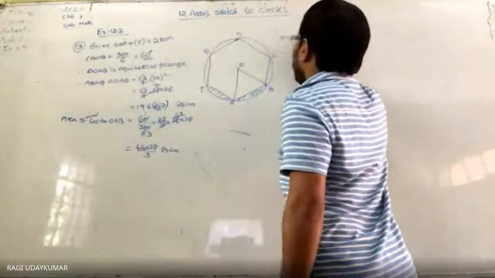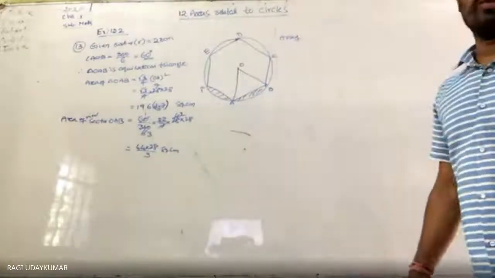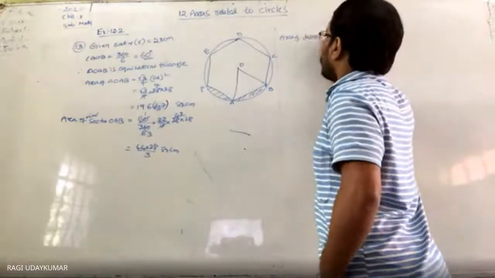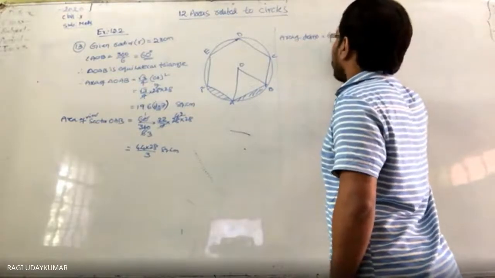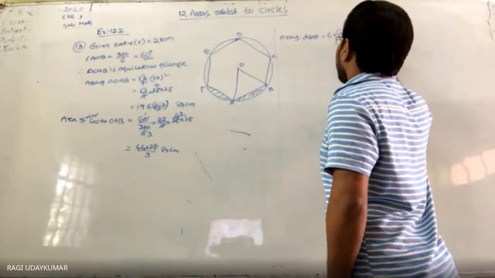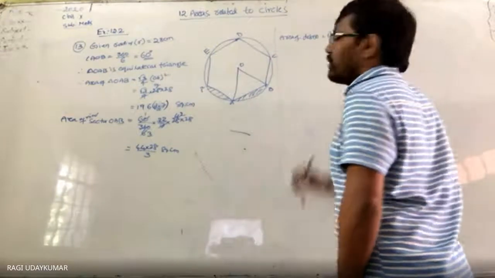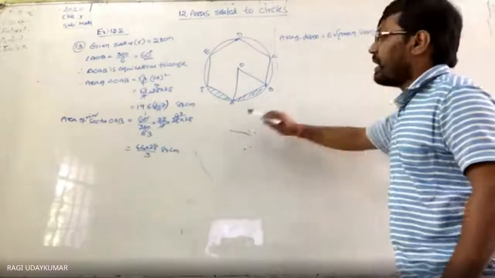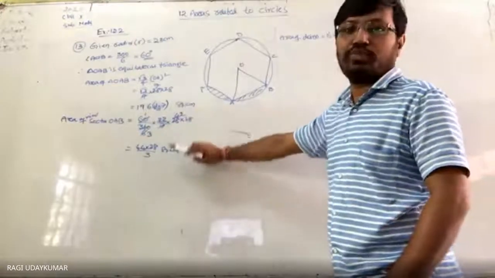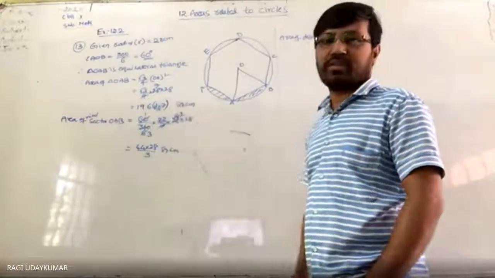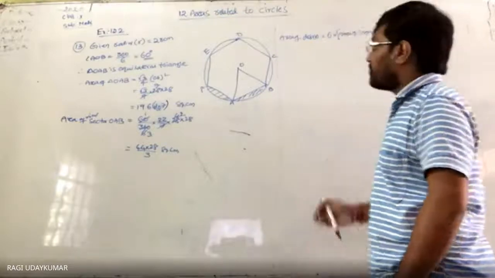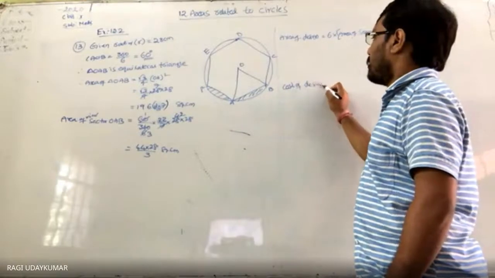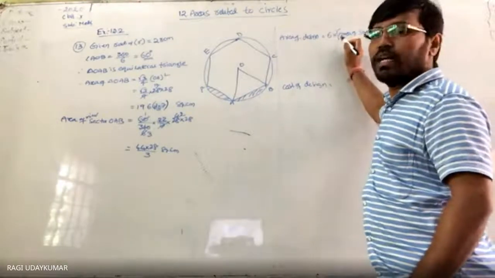So what is the question asking? Find the cost of making the ring. Area of the design is equal to 6 times the area of the segment. You can do this, it is a calculation problem. So area of the segment is nothing but area of the sector minus the triangle area. Express this in decimals, express this in decimals too, and subtract both. Then the cost of the design is asked. Whatever area you get, that area should be multiplied.